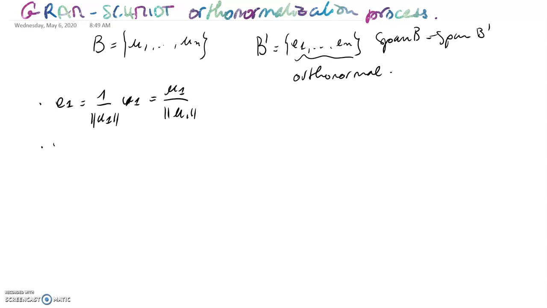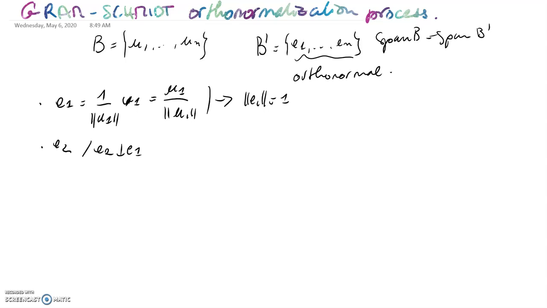And then we're going to make E2 such that E2 is orthogonal to E1, so that's our requirement. We want also E2 to have norm 1. So, okay, sorry, I forgot to write that. E1 is, of course, norm 1. That's what we did that division for. We want now to build E2 so that it's going to be orthogonal to E1.